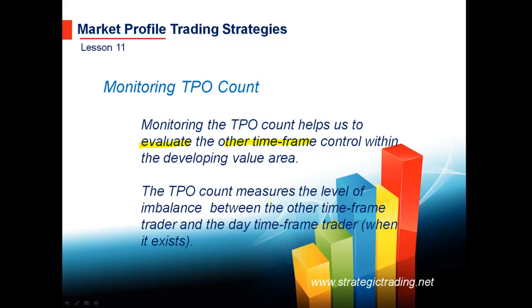How does it do this? Well, it helps us see the level of imbalance between the other time frame trader and the day time frame trader. Only when this imbalance exists.